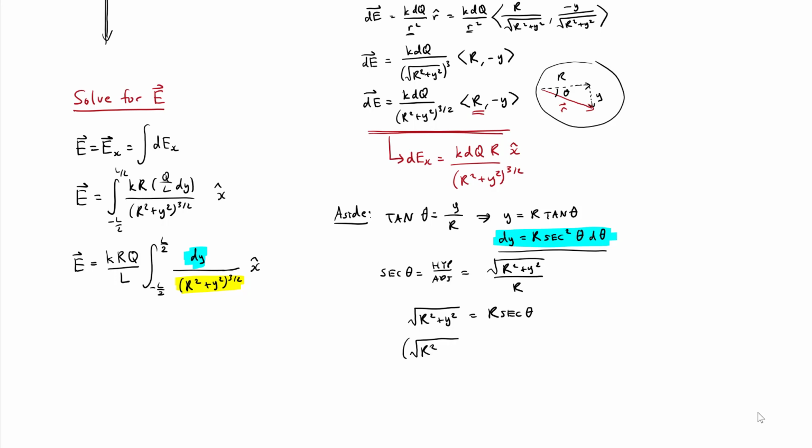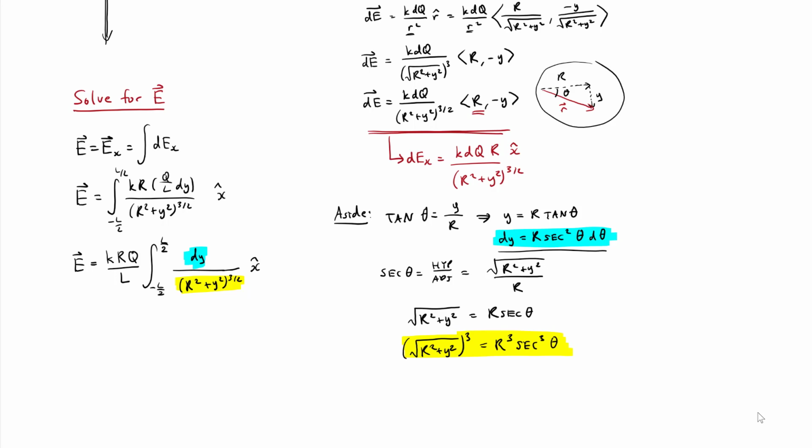If I cube this, which is the same as r squared plus y squared to the power of 3 over 2, I get r cubed secant cubed theta. So now I can replace the highlighted yellow part with this. Are we done?